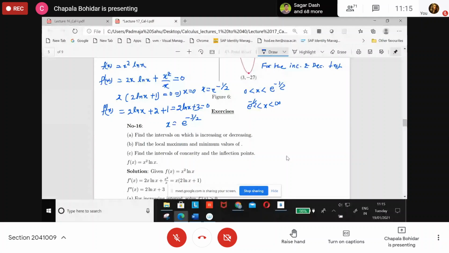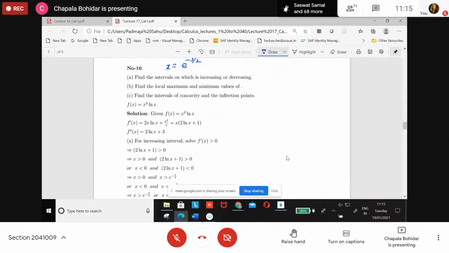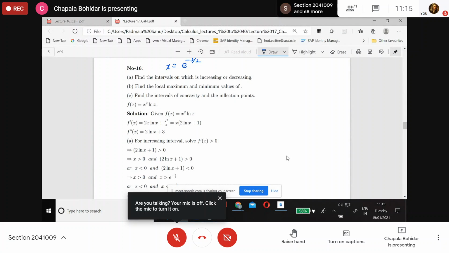Okay. So over that interval, what is our f dash x? f dash x is equal to x into 2 ln x plus 1. Over that interval, is it positive or negative?